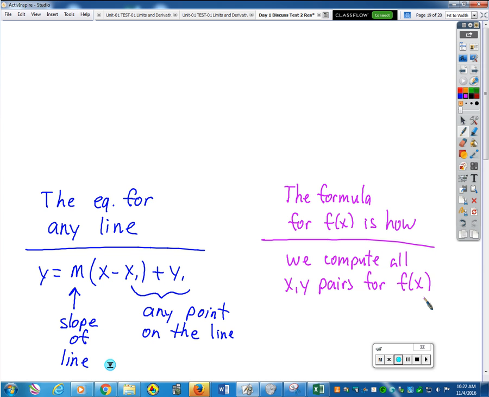Write that on a flashcard, one side, the other side. The formula for f of x is how we compute all the xy pairs for f of x. Write that down. Formula for f of x is how we compute all xy pairs for f of x.